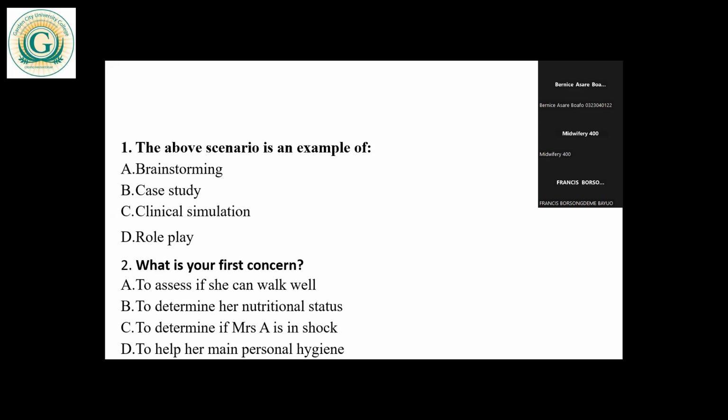So A, you have seen it is an action you can take, but it will not be the most useful at that time, the first action to take, because as some have explained, a patient cannot walk well. It could be due to the patient being in shock, and shock comes with its own clinical manifestations.